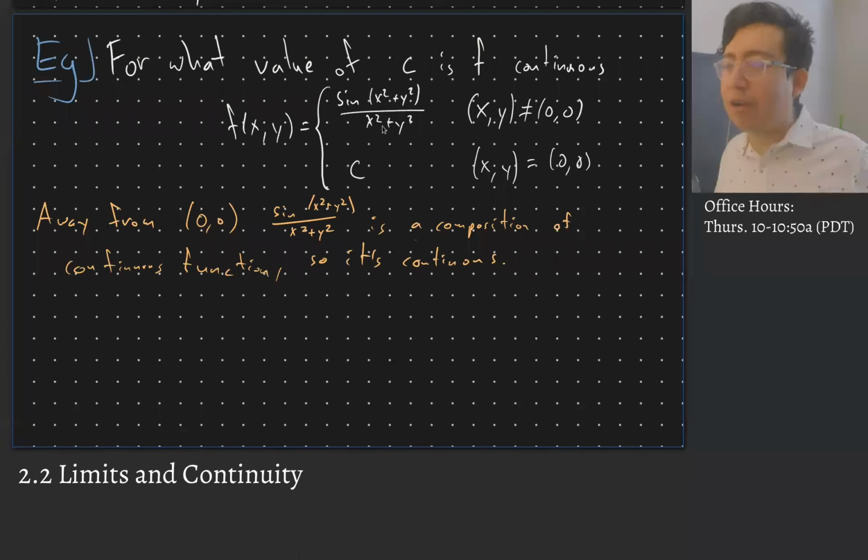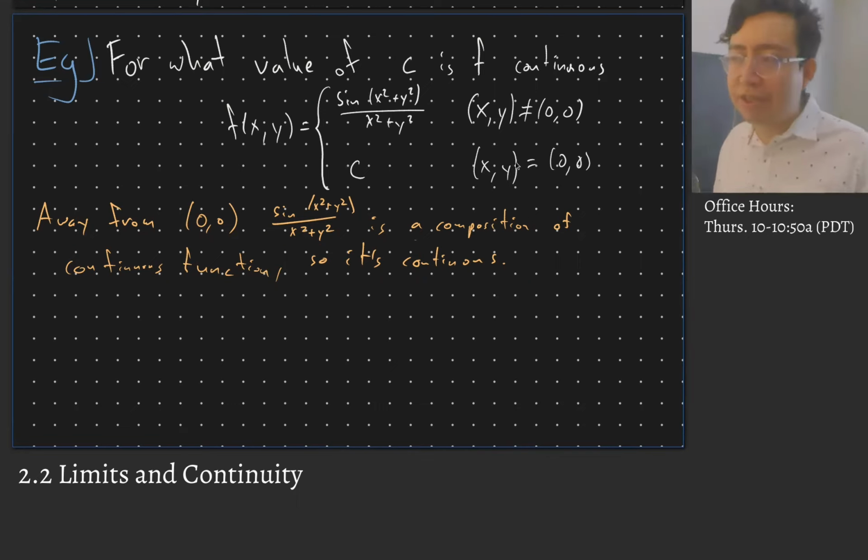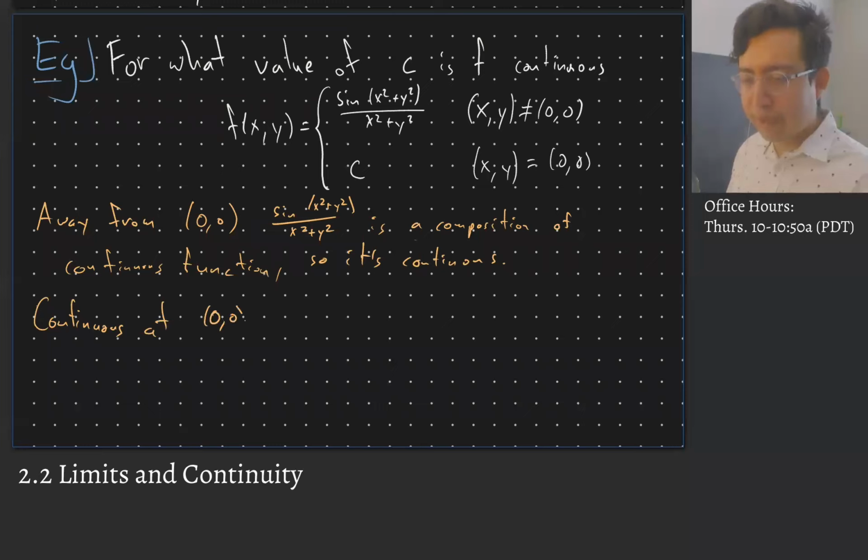The only problem might occur at 0, because this function is not defined at 0. So we have to cook up a value of c so that when we make it a piecewise function, giving it its own definition at 0, 0, we get something that's continuous. If we want it to be continuous at the point 0, 0, what does that mean?